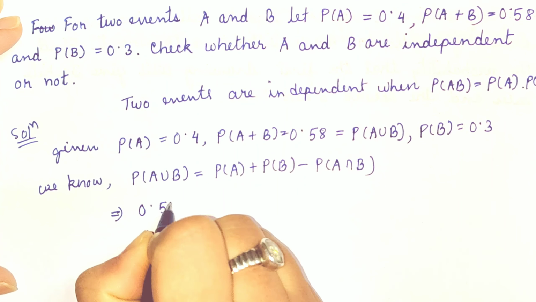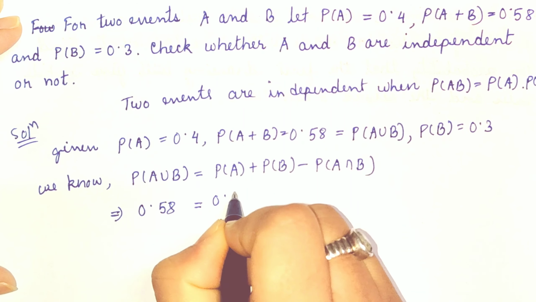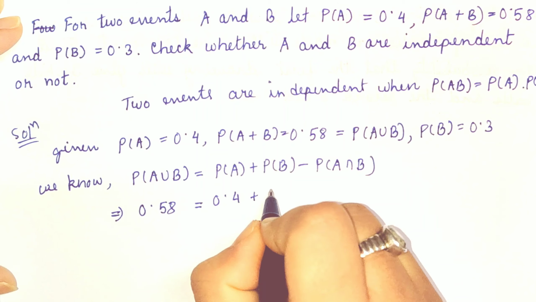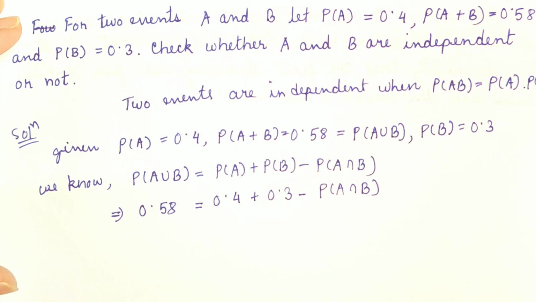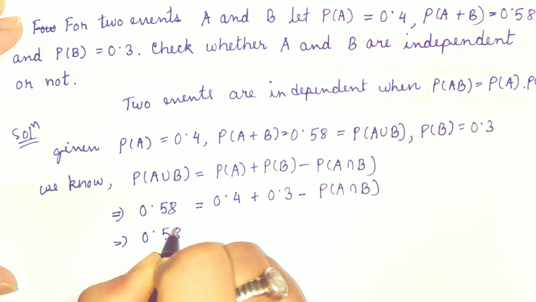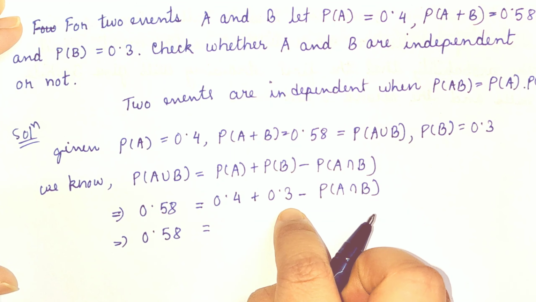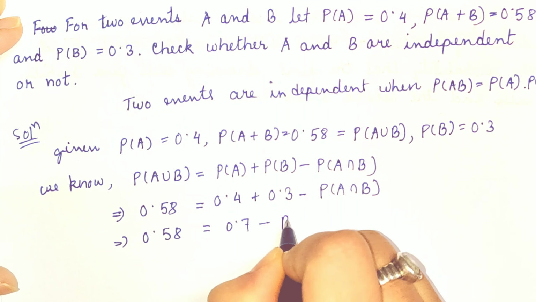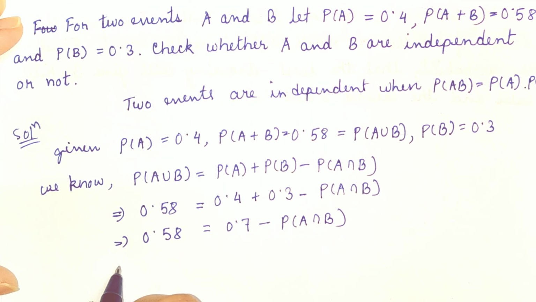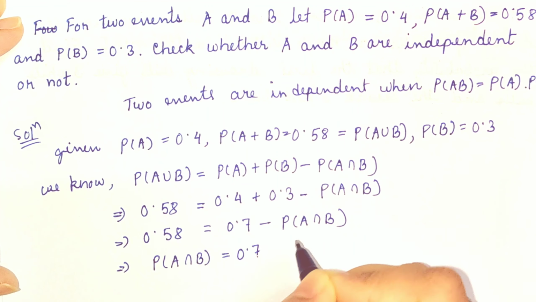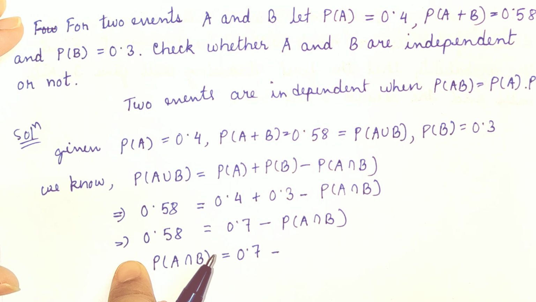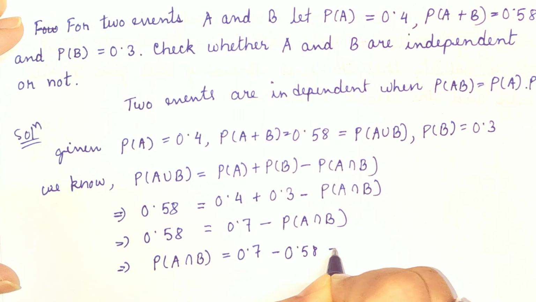P(A union B) is equal to 0.58, P(A) is 0.4, P(B) is 0.3, and P(A intersection B) is not given. So 0.58 equals 0.4 plus 0.3, which is 0.7, minus P(A intersection B). Moving P(A intersection B) to the left-hand side, it becomes plus; and moving 0.58 to the right-hand side, it becomes minus 0.58.